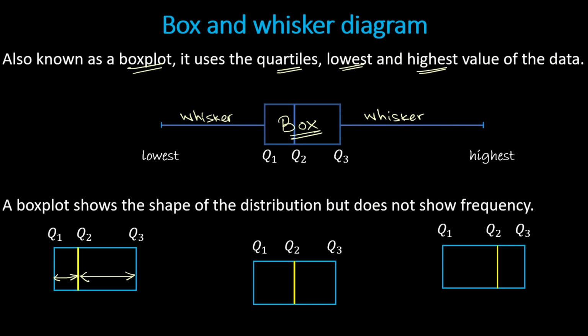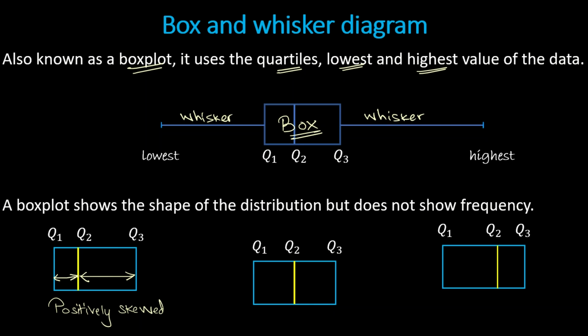So in this case, we say that this distribution is positively skewed. Right? Because the distance to the left is less than the distance to the right.